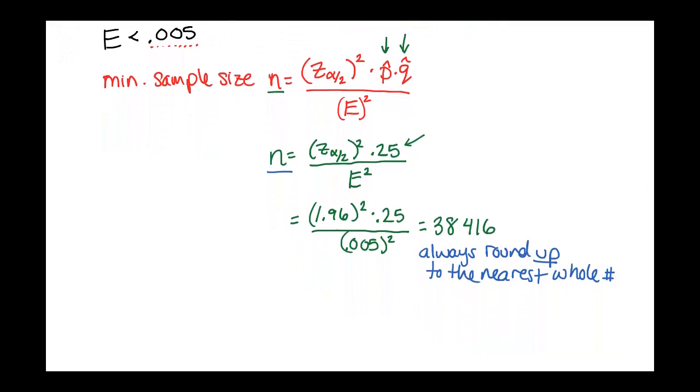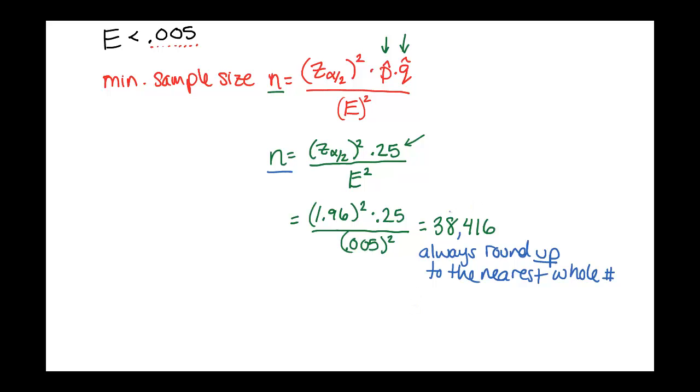So it's better to add one extra person than to round down and then have your error a little bigger than what we wanted. So this says that in order to get our estimation of the proportion that are going to vote for our candidate within 0.5% or half a percentage point, we'd really have to talk to 38,416 people.